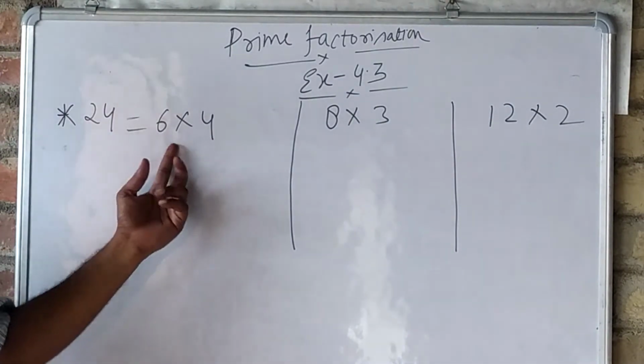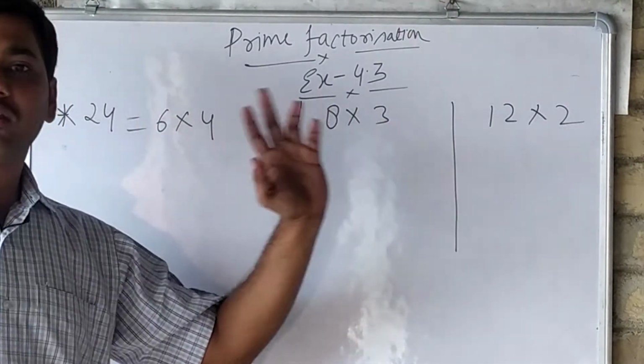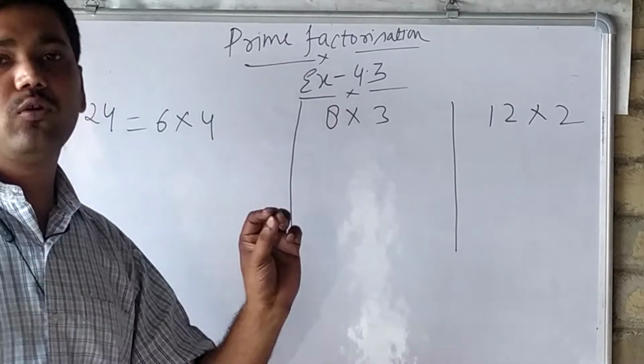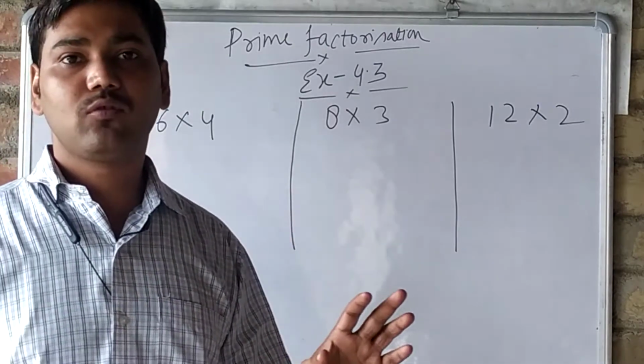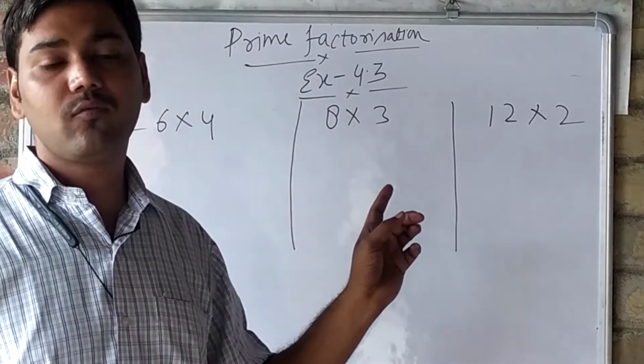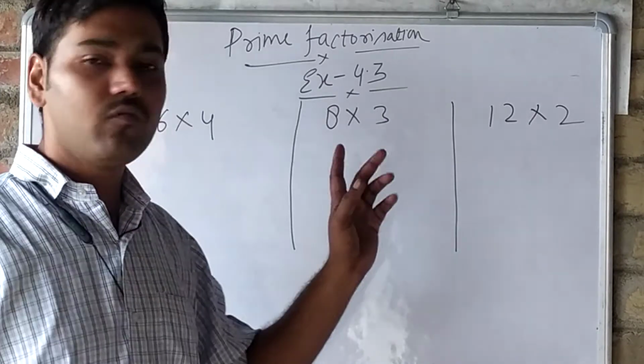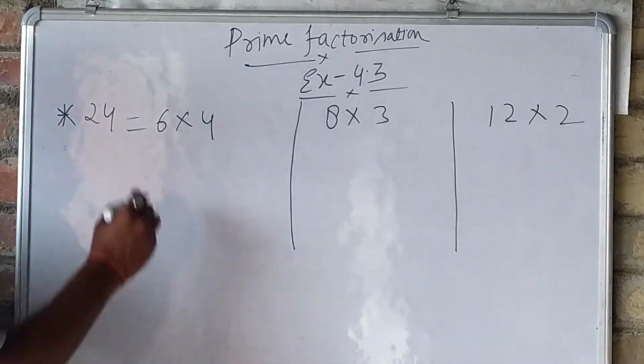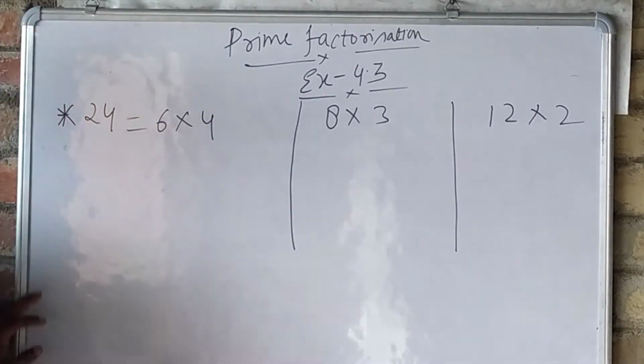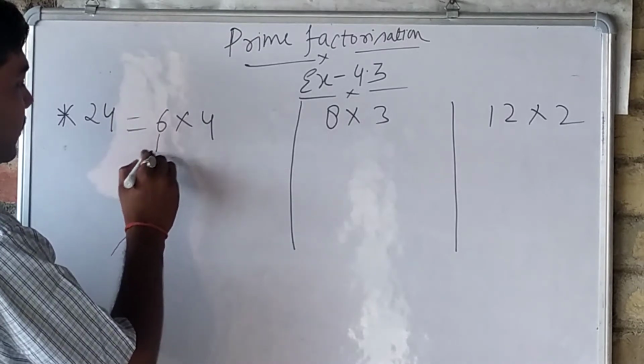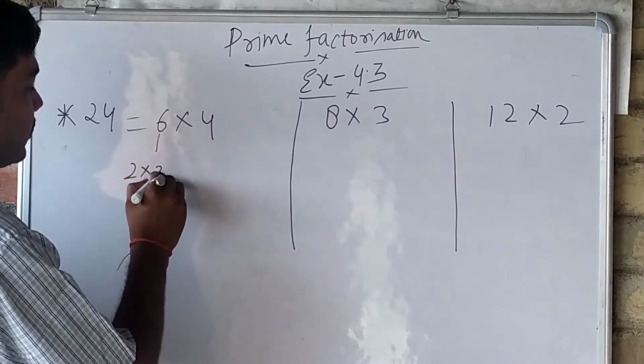Now what happens? We are seeing that no value is a prime number. So we have to break it into further parts. Now 6 we can break into 2 threes are 6, that is 2 into 3.